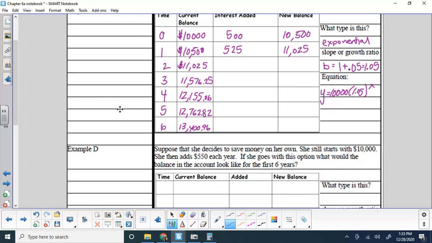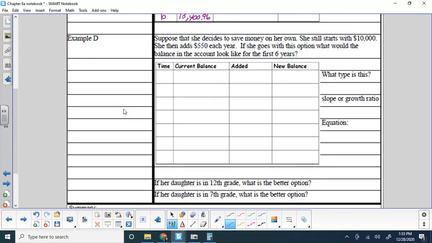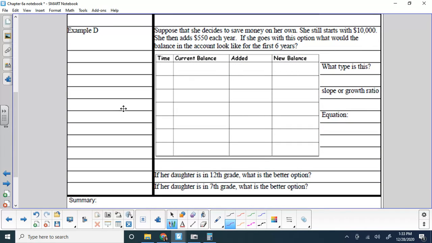All right, let's take a look at the last example. Now, same person, our friend Maria, she is working with another place and she still is going to start with $10,000, but then each year she's going to add $550. If she goes with this option, so the bank's like, we're just going to give you $550 each year, nothing extra, just that.